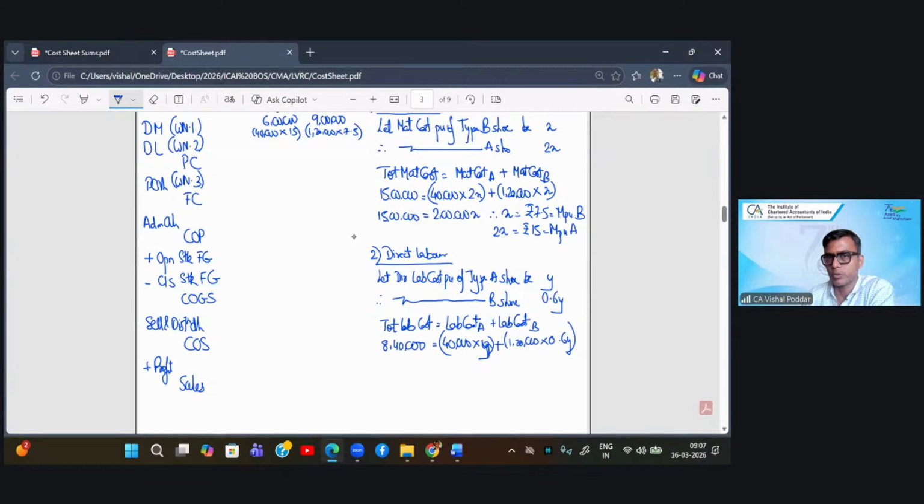Now this is 40,000 Y and 1,20,000 into 0.6 is 72,000 Y. So 72 plus 40 is 1,12,000 Y. This is equal to 8,40,000. Therefore, how much is Y?